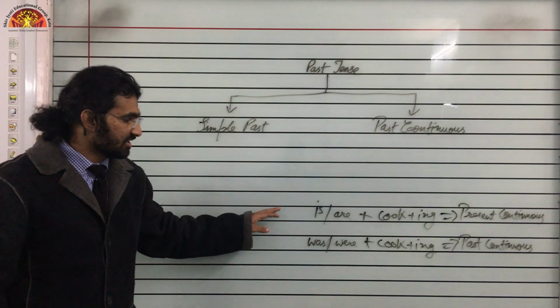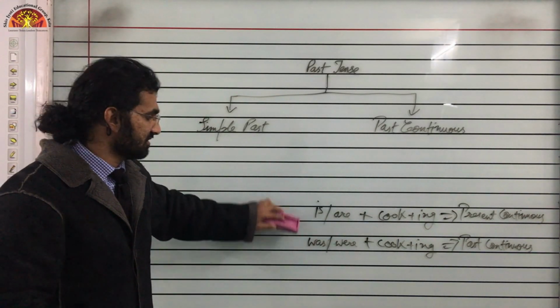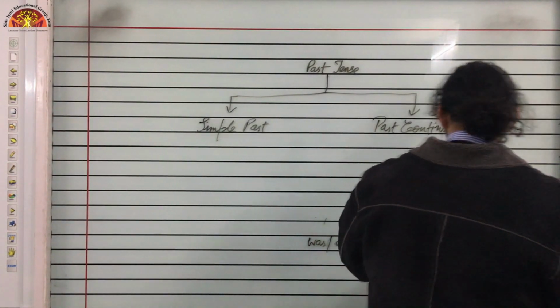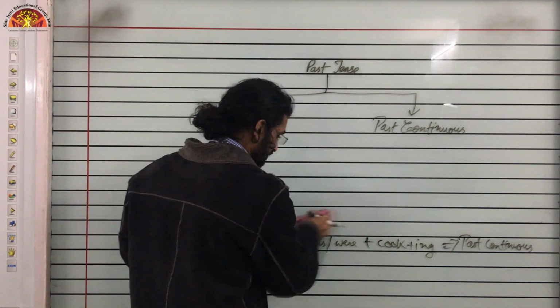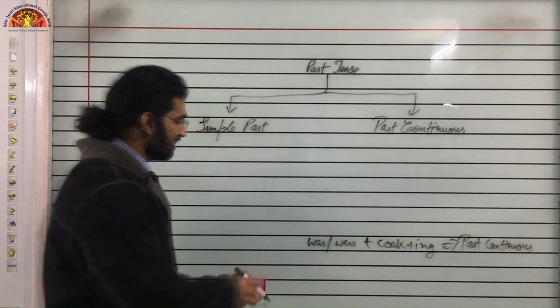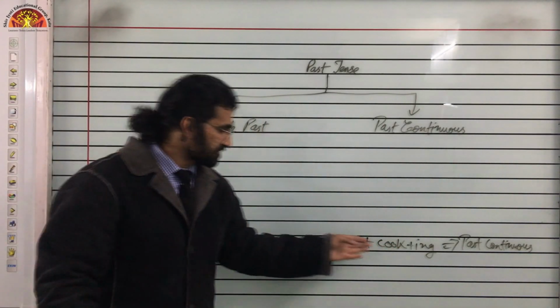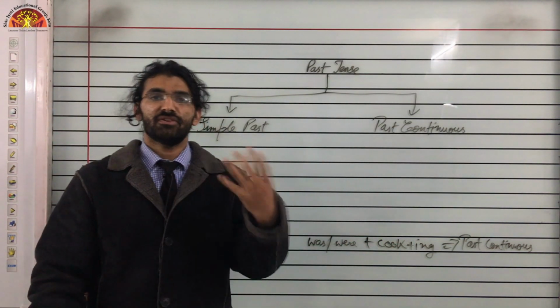Our today's topic will be past continuous. You need to bring in helping verbs like was or were, depending on singular or plural. Then you will bring in the base form of verb and add ing. I was cooking, they were cooking, she was cooking, we were cooking.